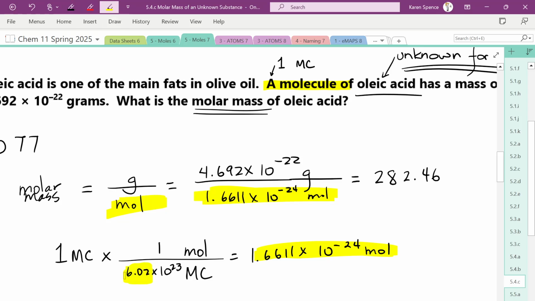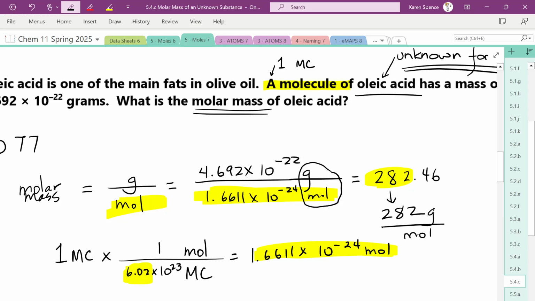But we can only have 3 sig figs, so that's going to become 282. And what's our unit? Grams over moles.